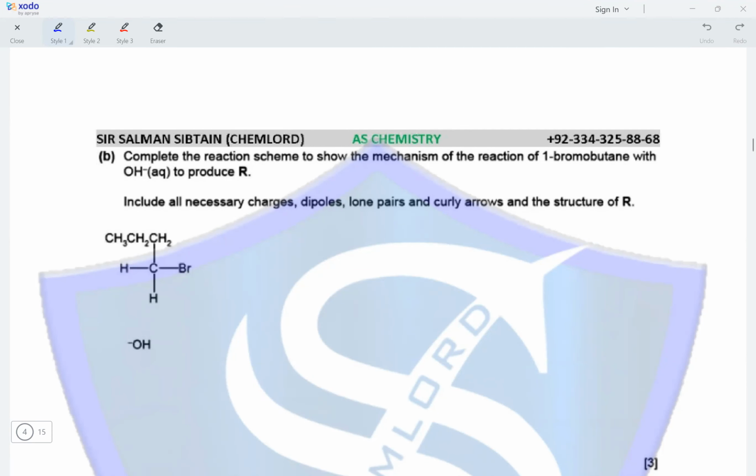So here what would happen is that there is a partial negative charge on the bromine atom, a partial positive charge on the carbon atom, and a lone pair of electrons on the OH group. The lone pair of electrons on the OH attacks the carbon atom with a partial positive charge on it, which results in breaking of the carbon halogen bond. This would result in the OH group replacing the Br atom on the halogenoalkane, producing an alcohol. So the OH group binds from the other end.